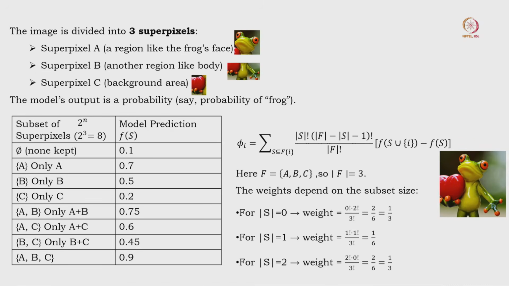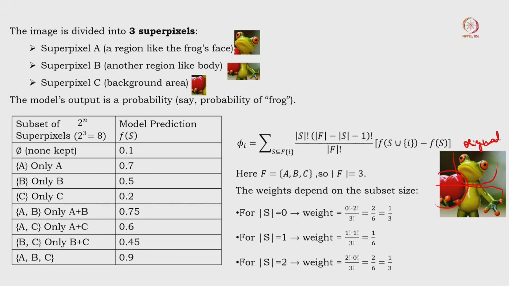Now, this is the original image that we have. This original image will be divided into many superpixels. For understanding, let us assume we are dividing it into 3 superpixels. The image is divided into 3 regions, like this.